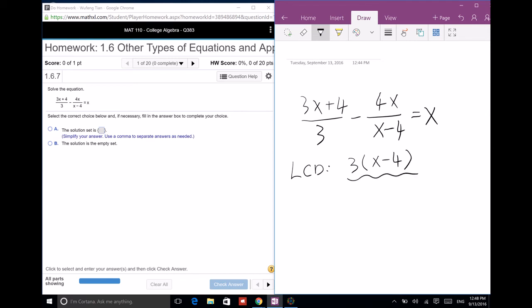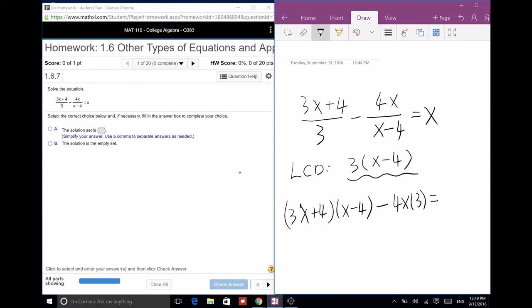So multiply the first one by the LCD: the 3 cancels out, so we have 3x plus 4 times x minus 4. Then you multiply the second one by the LCD, the x minus 4 cancels out, so you have 4x multiplied by 3.